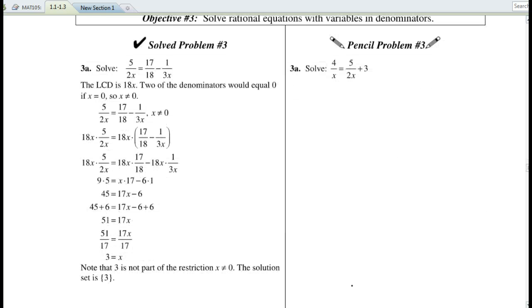Okay, same thing applies with these rational equations. We still want to multiply by something that's going to clear all those denominators out. But, what did I want to say? Oh, so your answer, wherever you get to, has to make sense in the end.